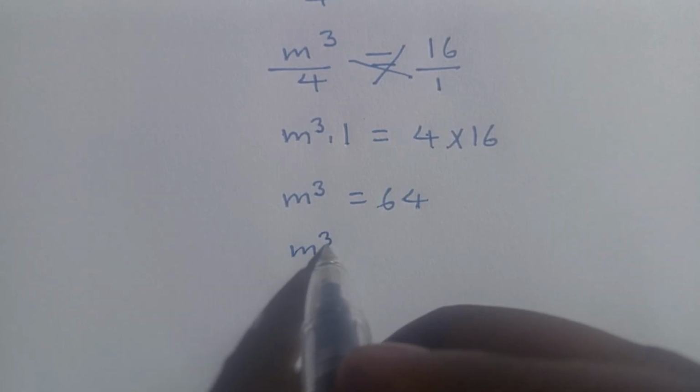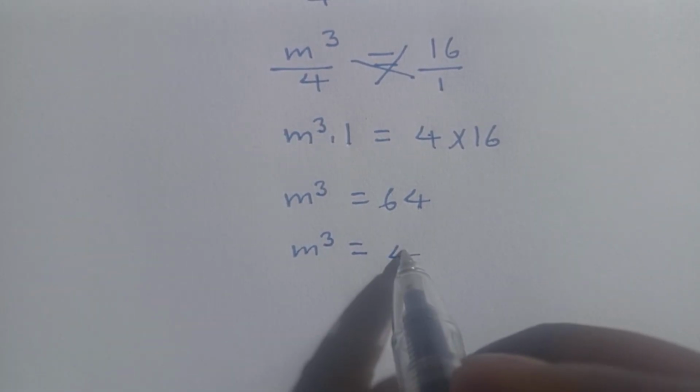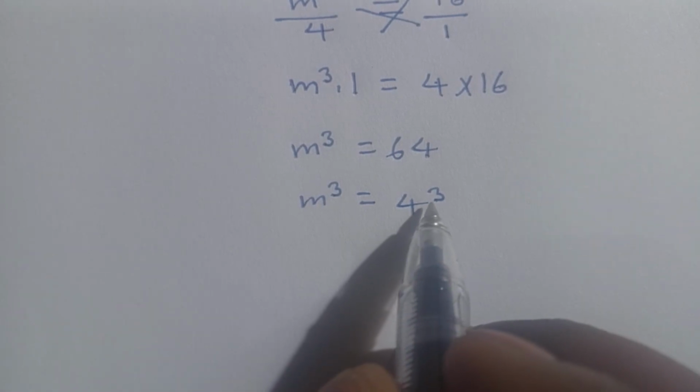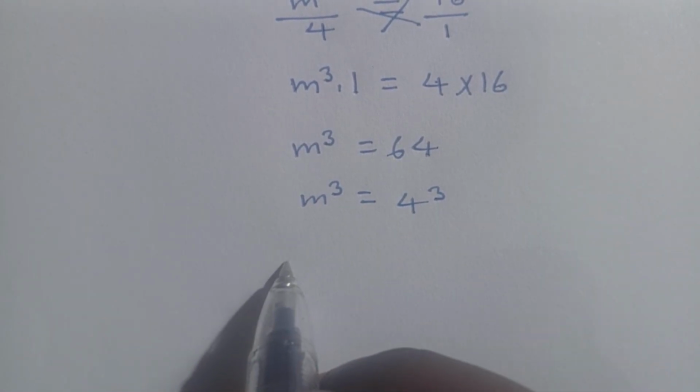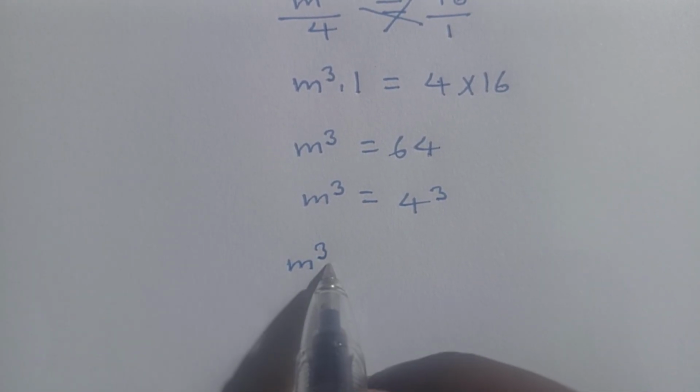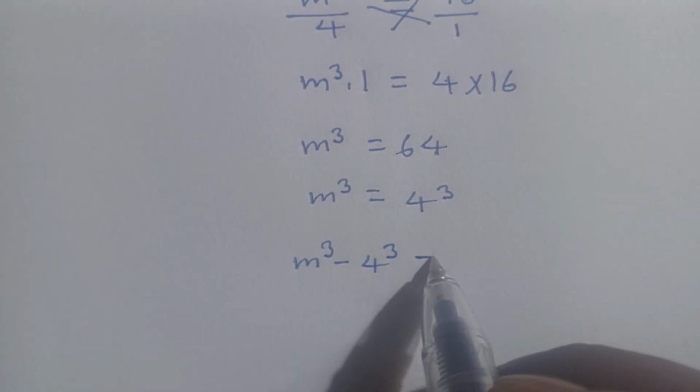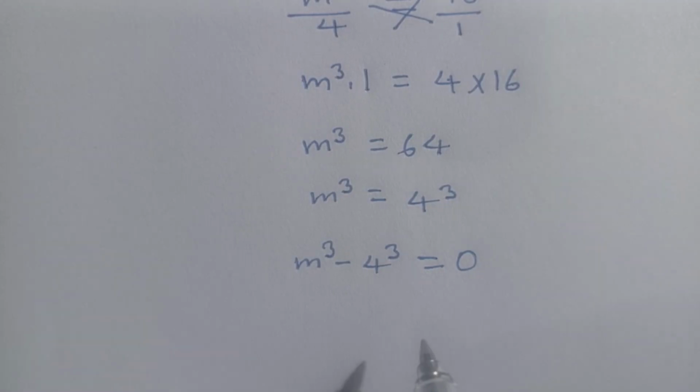M raised to 3 equals 4 raised to 3. Then shift this 4 raised to 3 to the left side. M to the power of 3 minus 4 to the power of 3 equals 0.